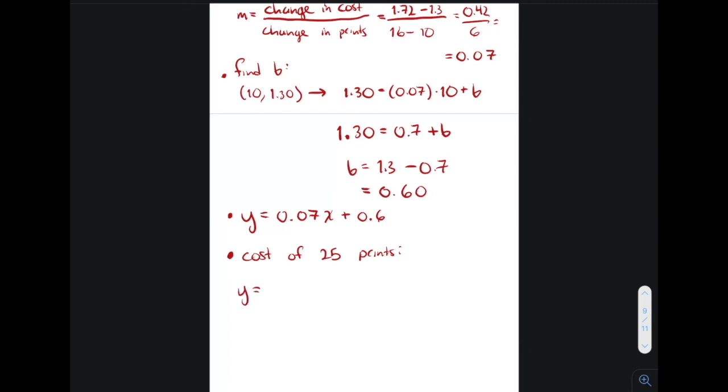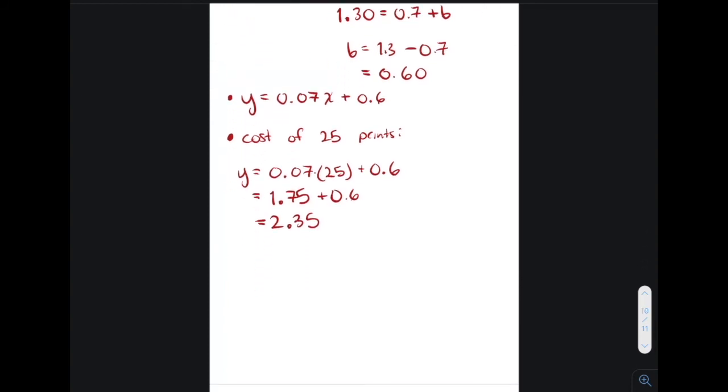To get that y will equal 0.07 times 25 plus 0.6, which equals 1.75 plus 0.6, or 2.35. In the context of our question, 25 prints will cost $2.35.